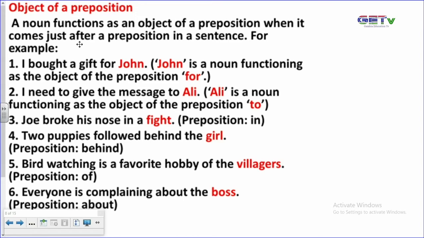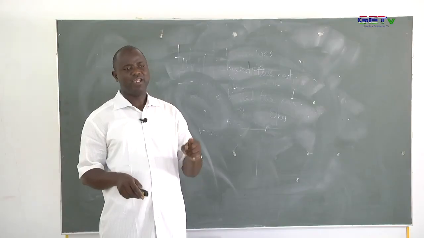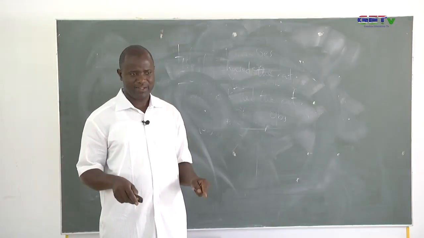So we move on. Number 3, Joe broke his nose in a fight. So here the preposition is in, and the noun here is what? A fight. So then we move on. The two people follow behind the girl. So the girl here becomes the object of the preposition because it comes after the preposition behind.